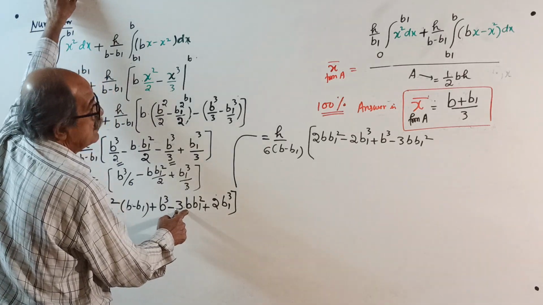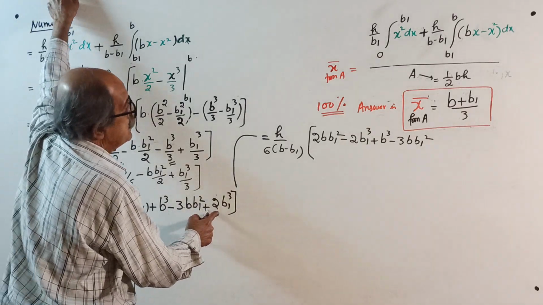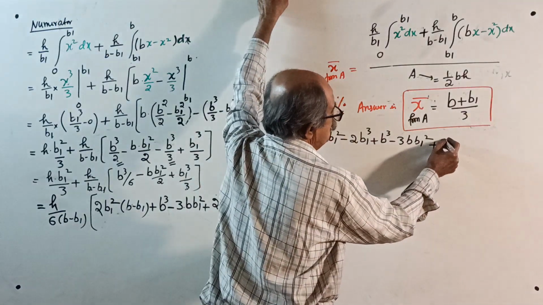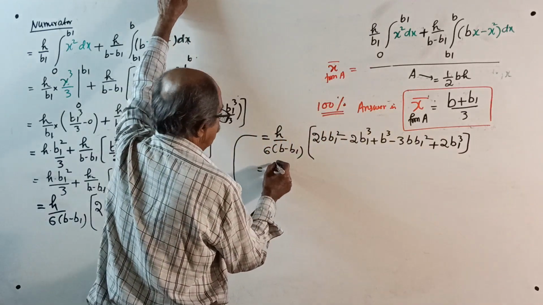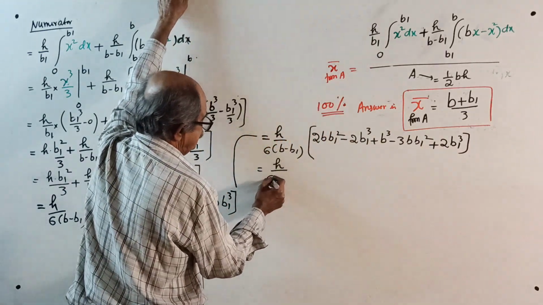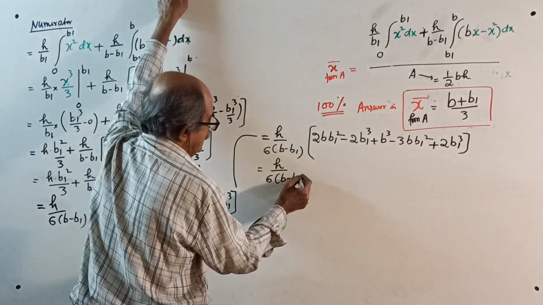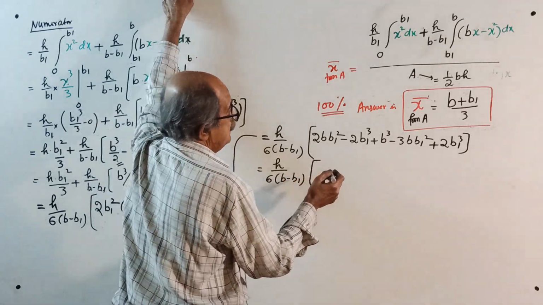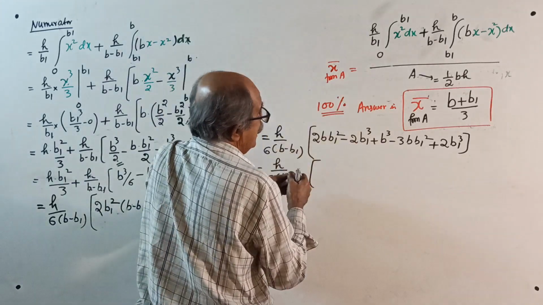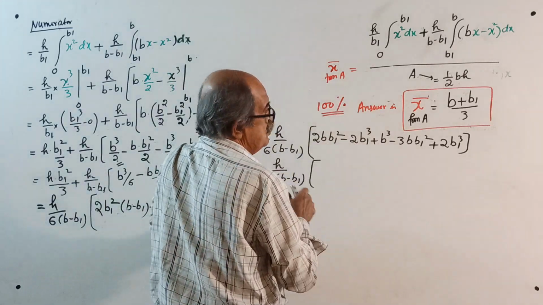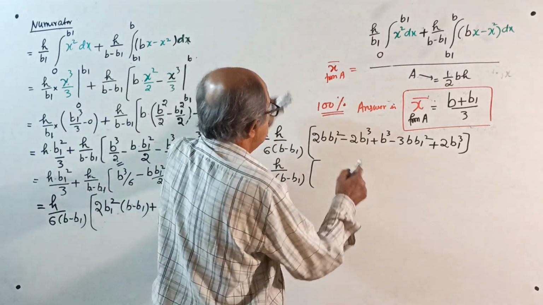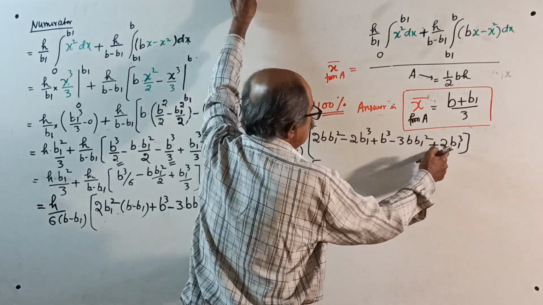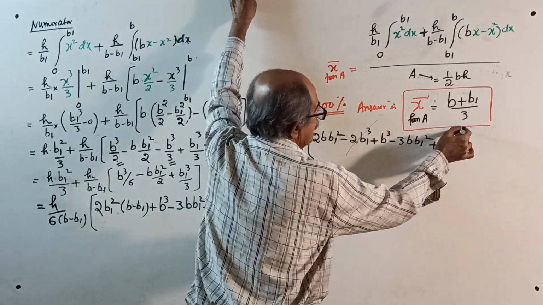Minus 3b1 square plus 2b1 cube plus 2b1 cube, or equal to h by 6 into b minus b1 times, see here, minus 2, red color I will use, just to understand, minus 2b1 cube plus 2b1 cube, these two will cancel.